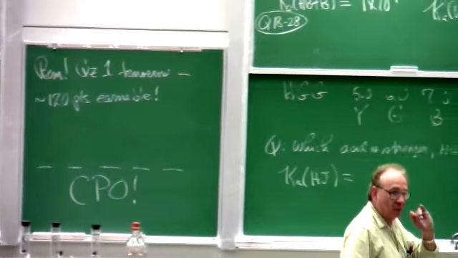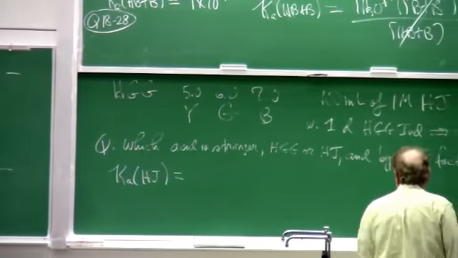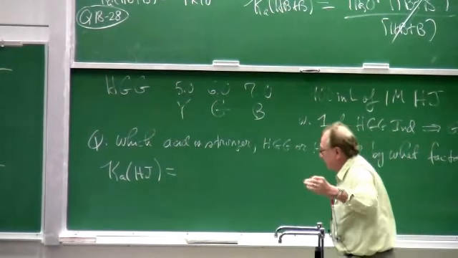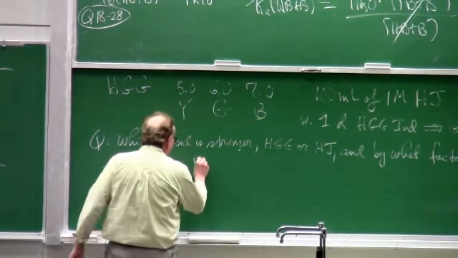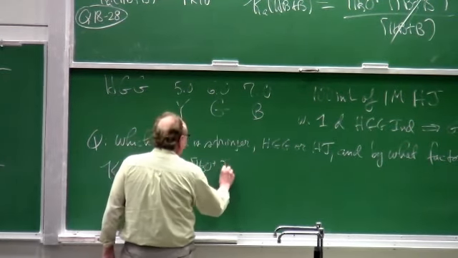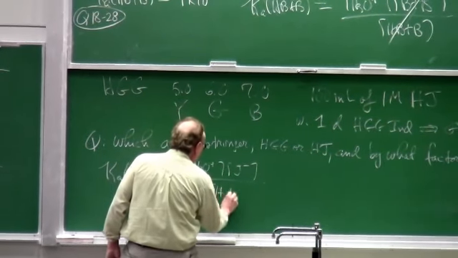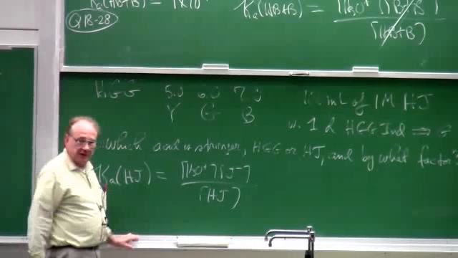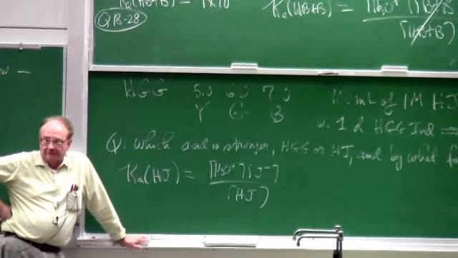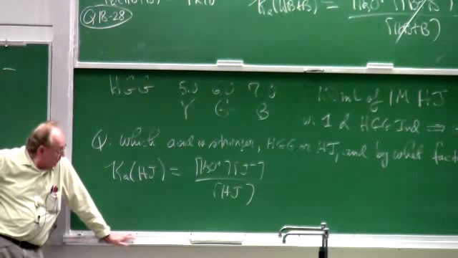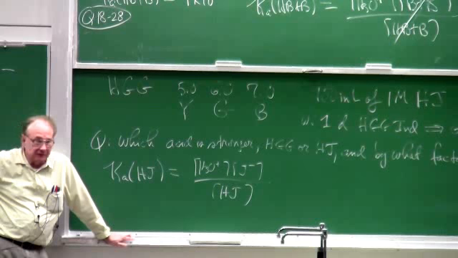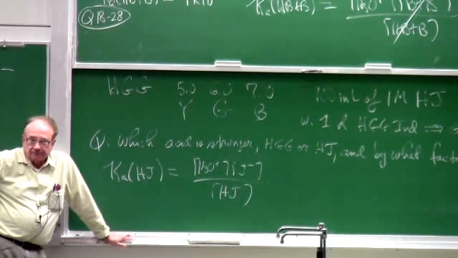That's the quantitative handle I have on acid strength. Kb for a base, Ka for an acid. Does it look okay so far? Nothing fancy. We've done it many times before.